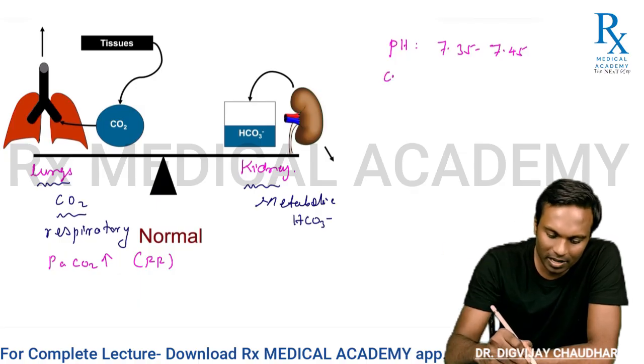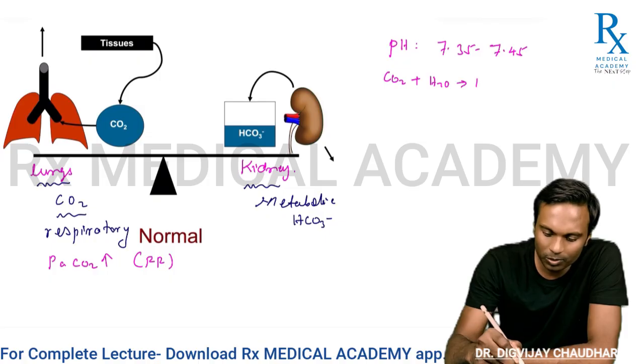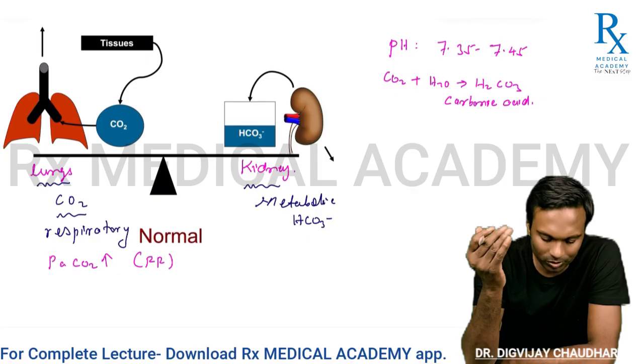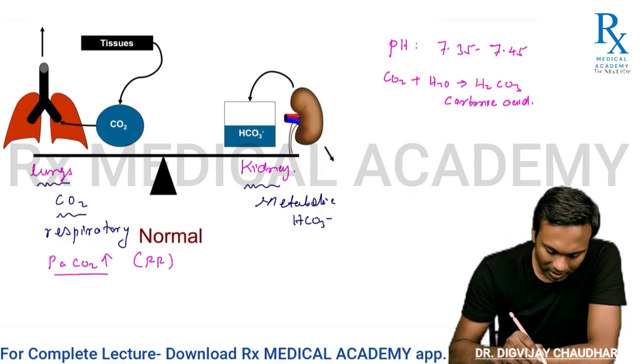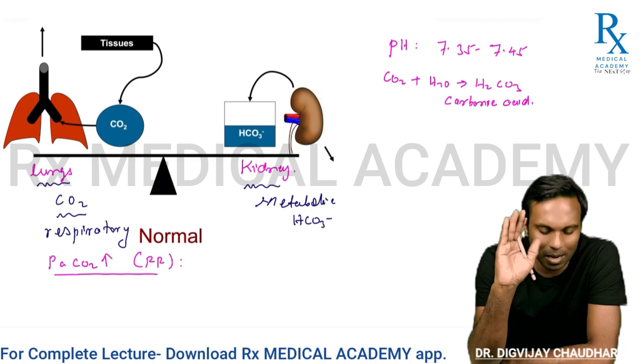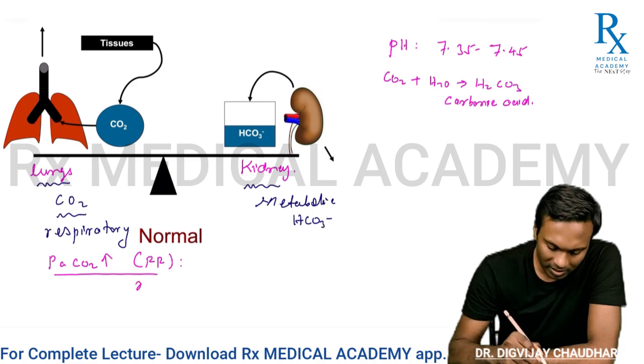Carbon dioxide can react with water and form carbonic acid, H2CO3. Whenever carbonic acid increases, pH will decrease. It will result in acidosis. So if PaCO2 increases, it can increase only due to a respiratory cause, primarily. So this is your respiratory acidosis.